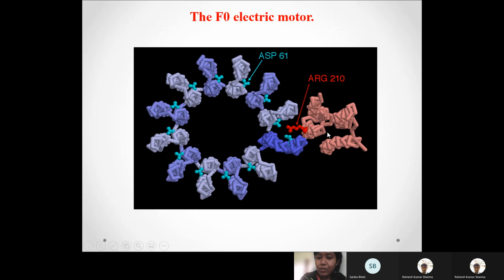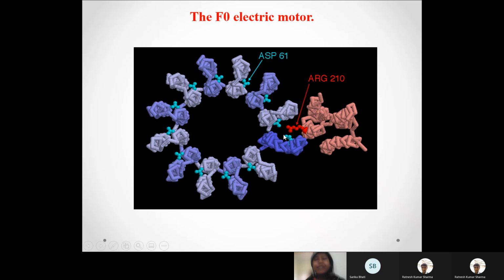So this arginine residue, see, it seems as if the proton binds to this arginine residue, यहाँ से वो इस aspartate के ऊपर चला जाता है. Then there is a slight movement of this ring, and that proton now moves further along the channel. So वो यहाँ से निकल जाता है. So then there is another proton that comes, binds to arginine. Arginine hands it over to the other aspartate residue and moves forward.